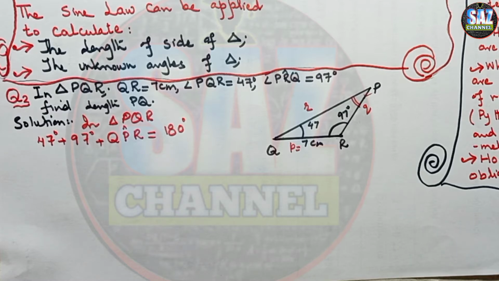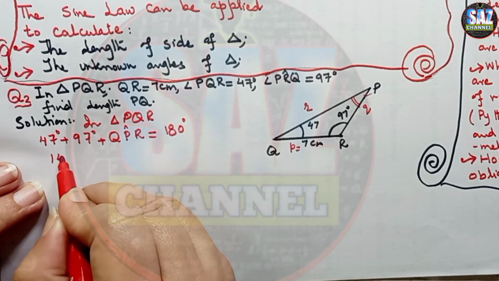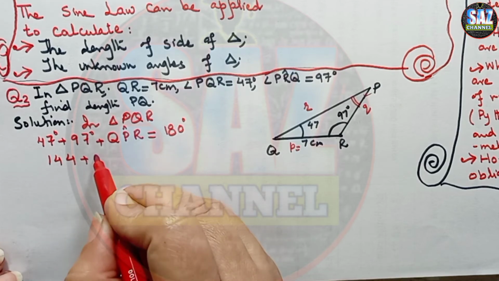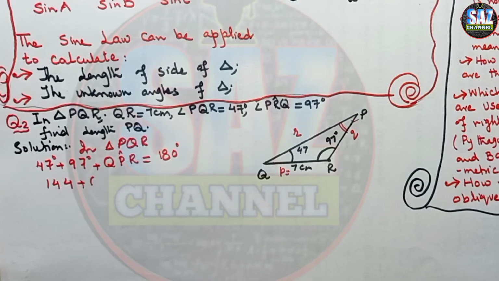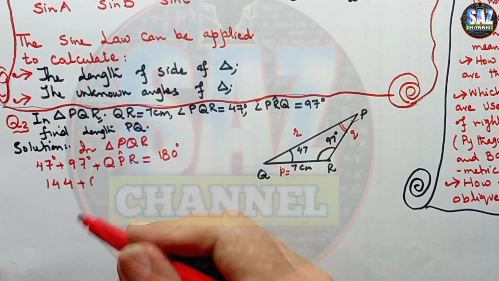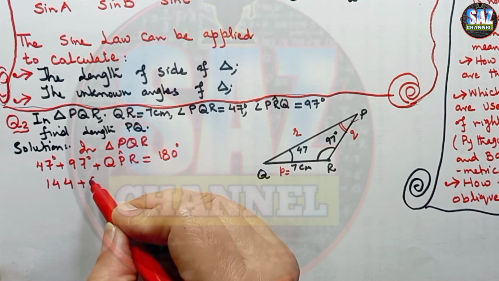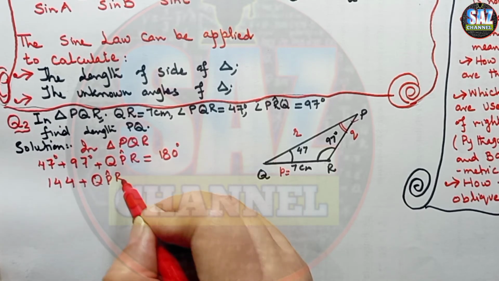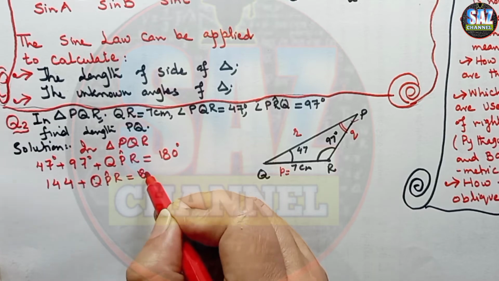Now we have to quickly add up 97 and 47. 47 plus 97 will give me 144. 144 plus angle QPR equals 180 degrees.